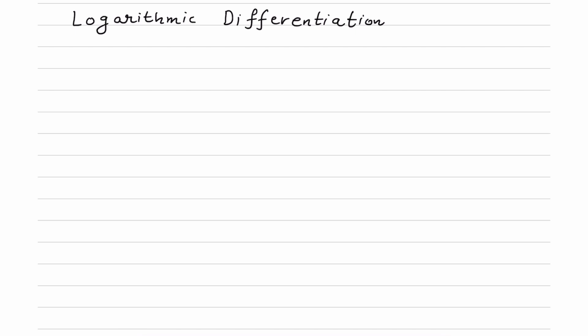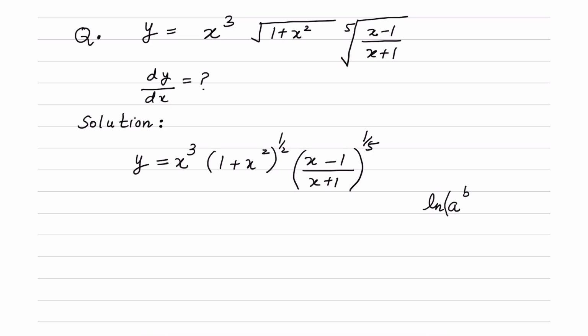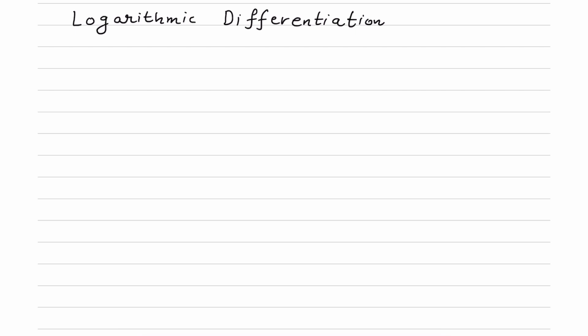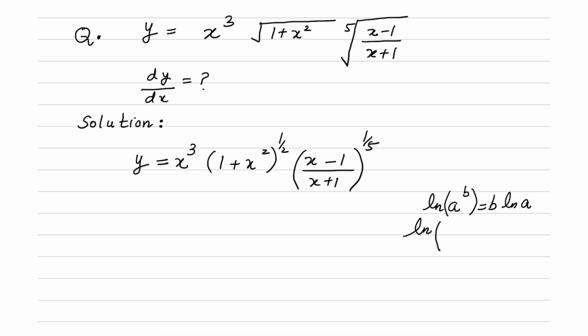Now we recall a property of log. ln of a to power b could be written as, the power b comes on the side, b ln a. And there is another property, ln of a over b could be written as ln a minus ln b. That is, ln of the division term could be written as ln of numerator minus ln of denominator.